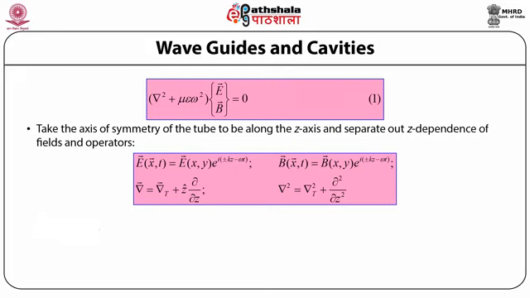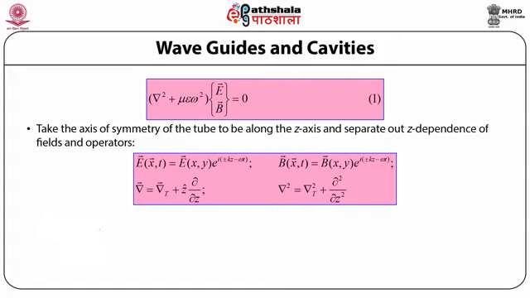The magnetic field induction vector B as a function of position vector x and time t is equal to the magnetic field induction vector B as a function of coordinate x and coordinate y times e to the power i (plus or minus kz minus omega t).